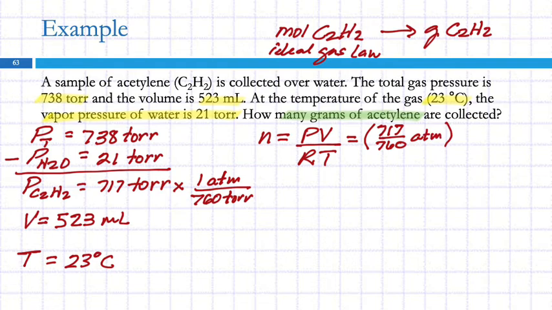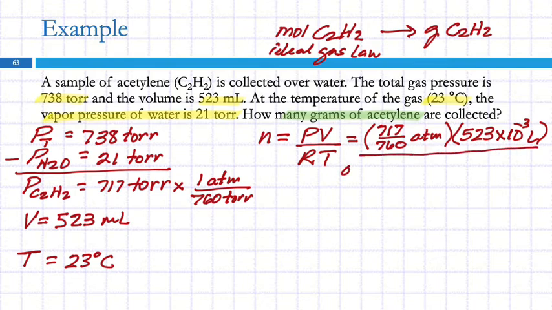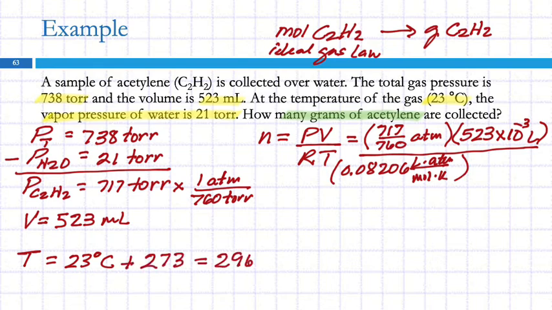And then our volume, 523 times 10 to the minus 3 liters, 0.08206 liter atmospheres per mole Kelvin. And the temperature in Kelvin.